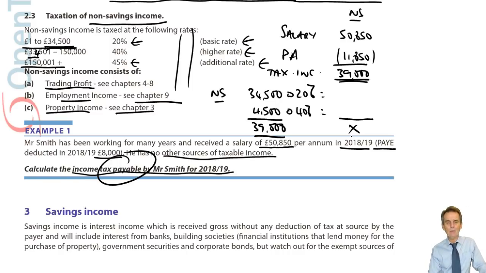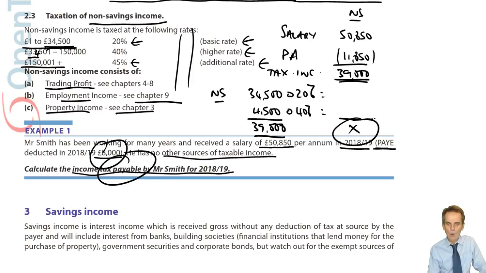And to work from income tax liability to income tax payable, we then have to deduct, and it's going to be given to you if this is required, the PAYE figure. And the PAYE, the income tax deducted at source, was £8,000. So from your income tax liability, deduct the PAYE of 8,000 to derive any income tax payable.